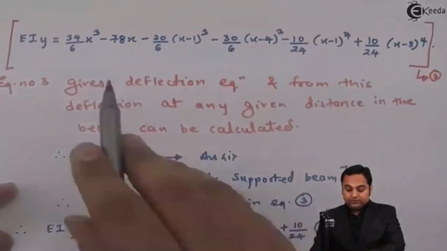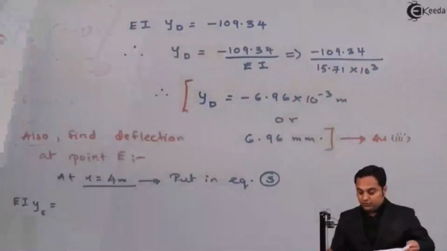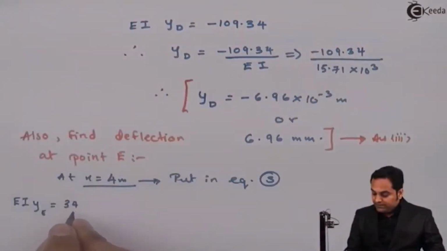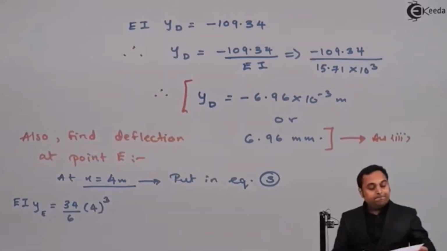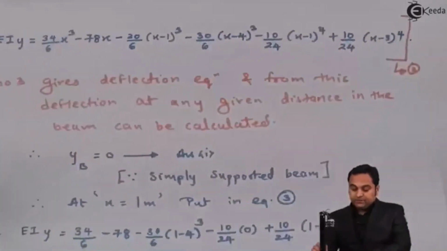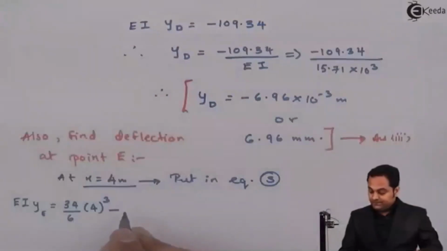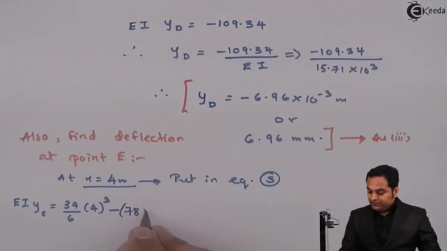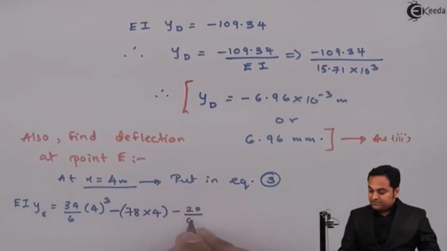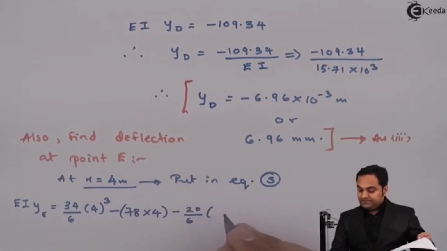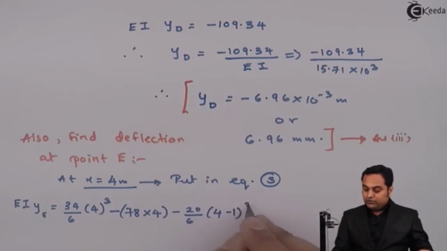Then 34 by 6 into x cube. So 34 by 6, x is 4, 4 cube. Then minus 78 into x, so 78 into 4. Then minus 20 by 6 into x minus 1 whole cube, so 4 minus 1 whole cube, minus 30 by 6.